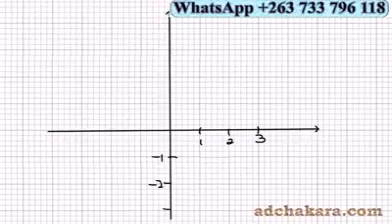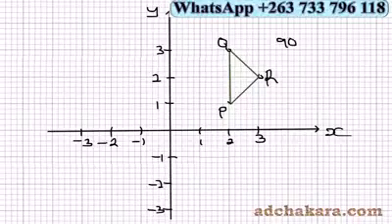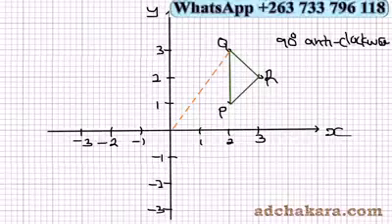Let me demonstrate anti-clockwise. So this is my original shape PQR. I will do the same again. I will draw a line. Now anti-clockwise, I'm going to the left. The direction now is left if I'm in the first quadrant.